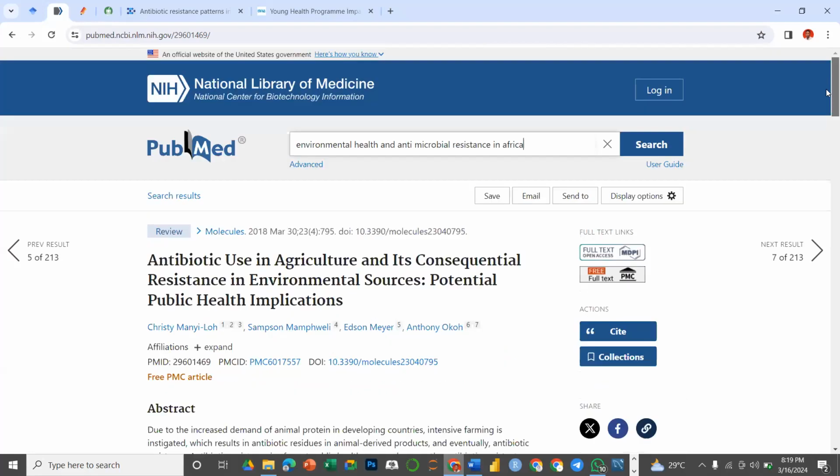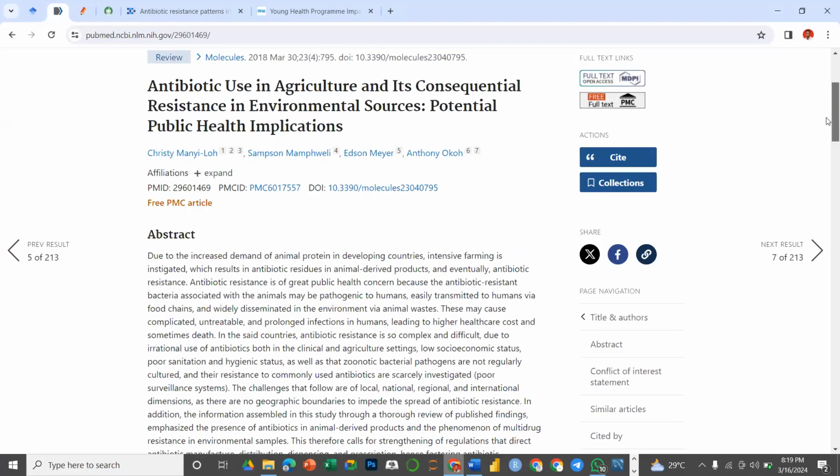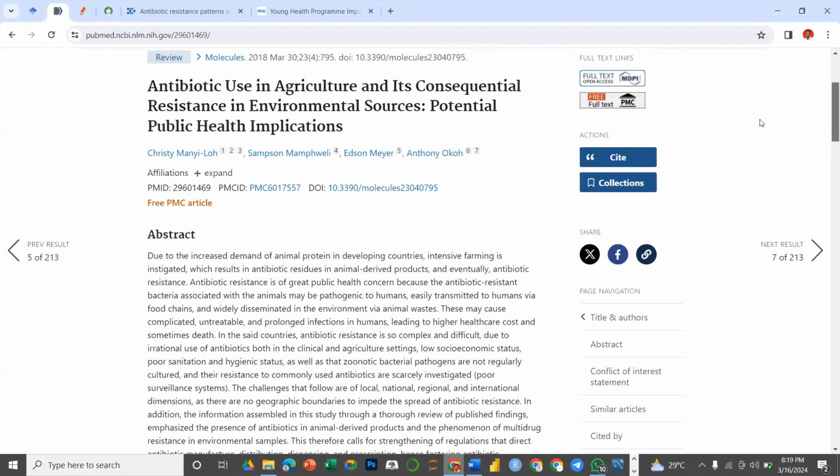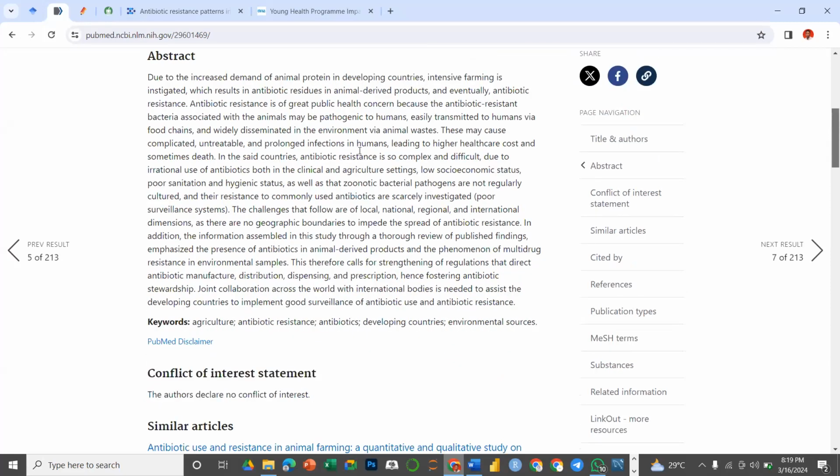Next thing to confirm is, is this in Africa? Do you understand? They said in developing countries. So I'll try to read it and see if they have a focus on Africa. I'm trying to read through the article fast, without wasting time.